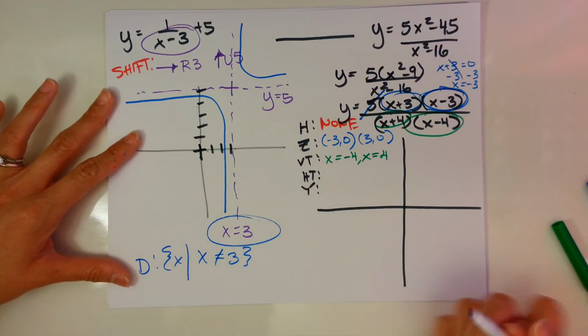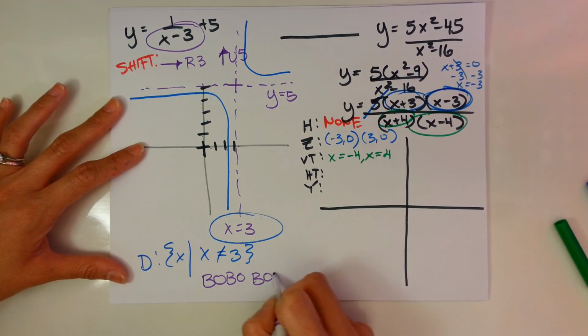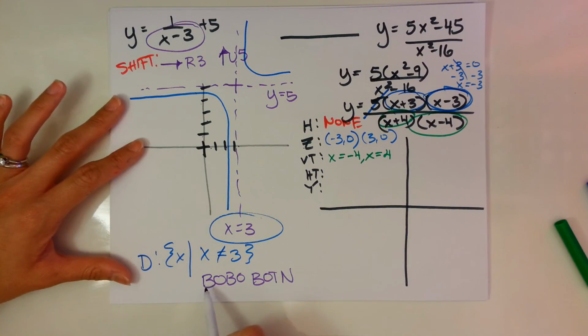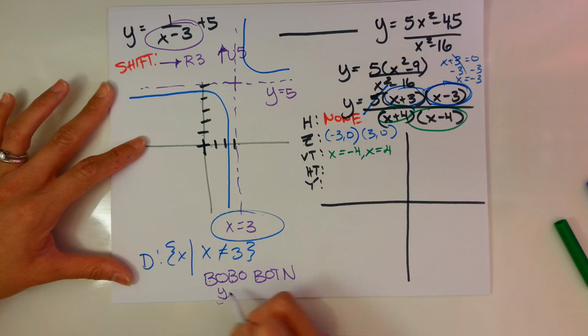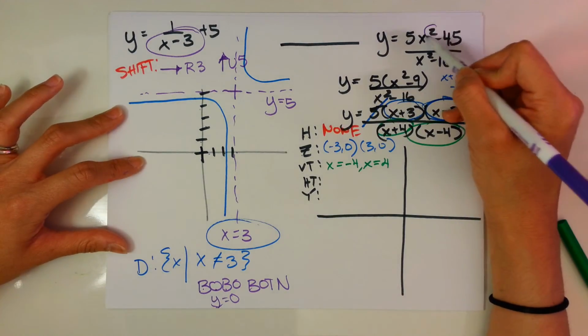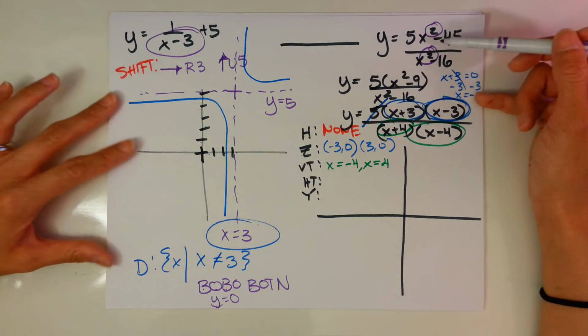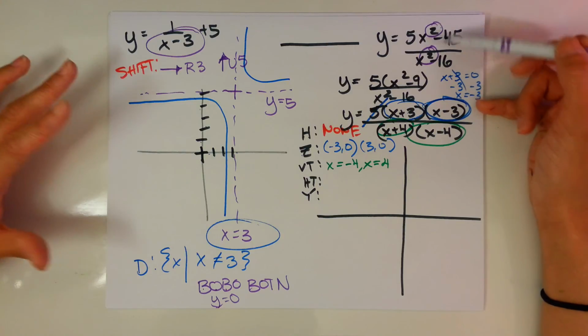H-totes, I really liked this last year. They came up with the whole Bobo bottom, which is if it's bigger on bottom, then y is equal to 0. So what do I mean by bigger? Well, I'm going to look at the original, I'm going to look at the degree, the power, right, the exponent. So which one would be bigger?